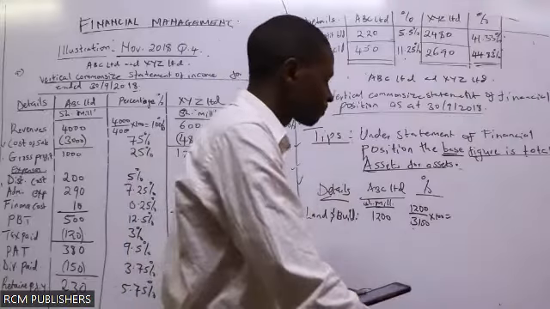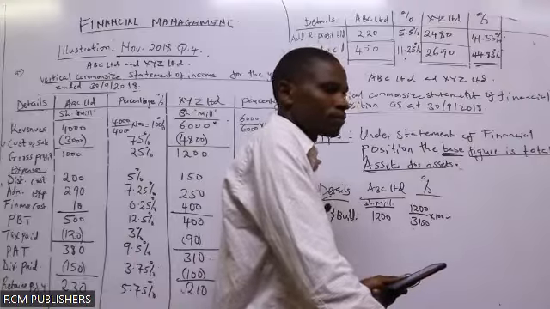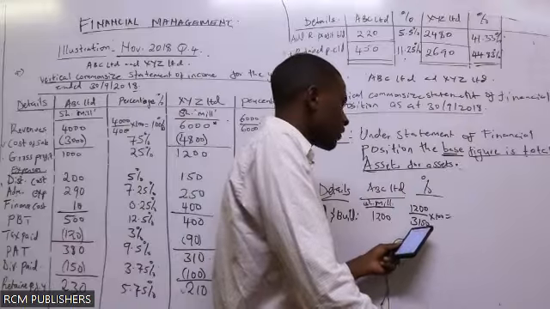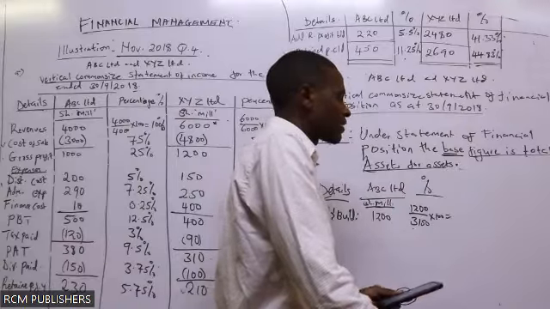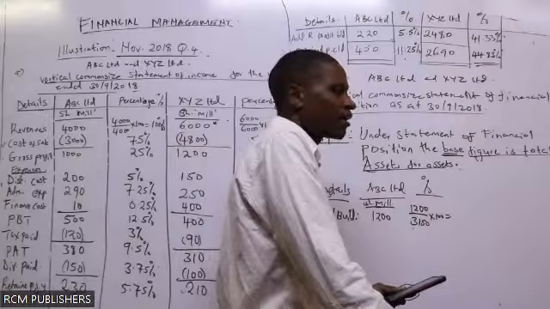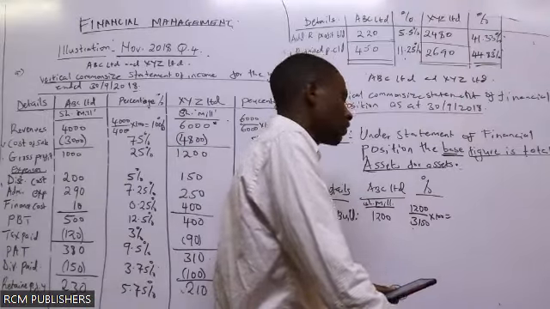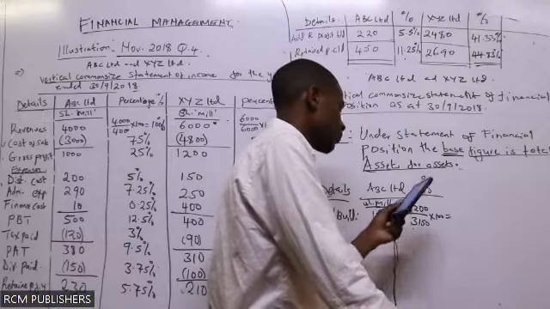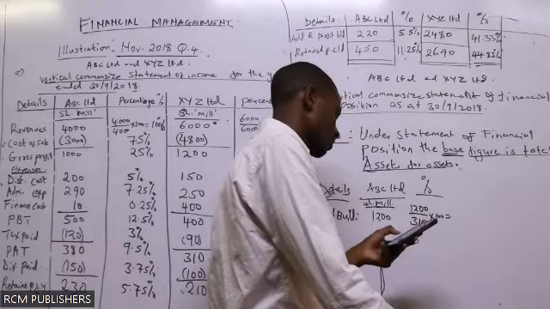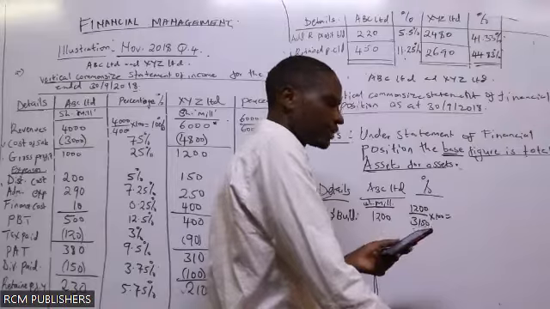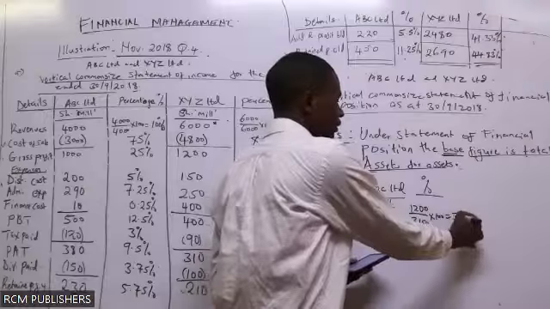Remember, we are dividing. The base figure is the total assets. The base figure under the statement of financial position is total assets. 38.1.